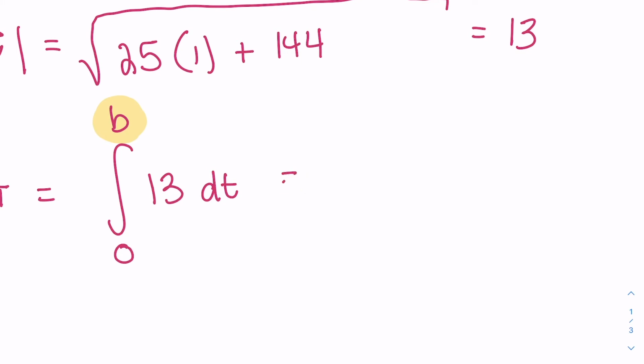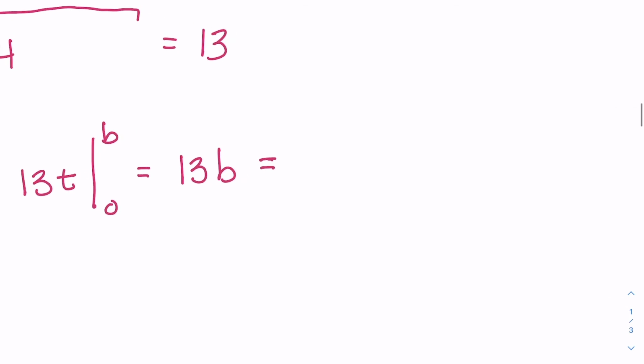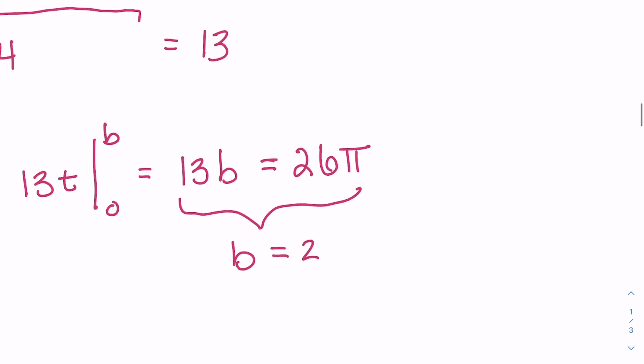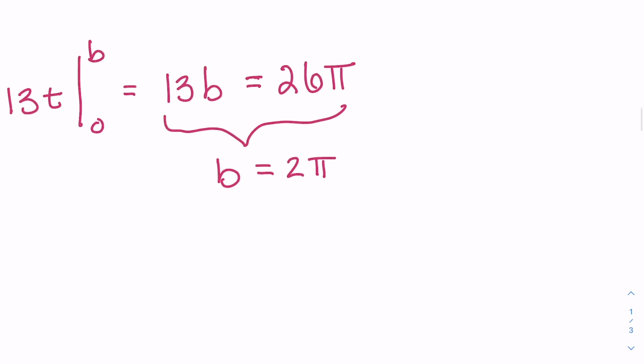So that becomes 13t evaluated from 0 to b, which just becomes 13b needs to equal 26 pi. So from this formula, we know that b, the upper t bound, has to be 2 pi. Right, just solving that formula.